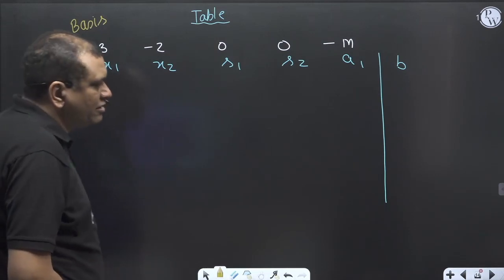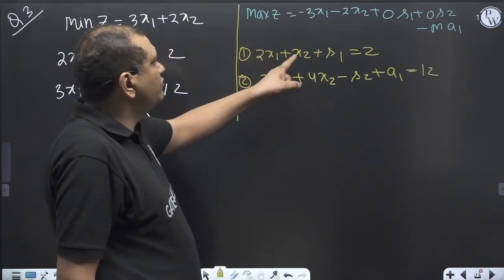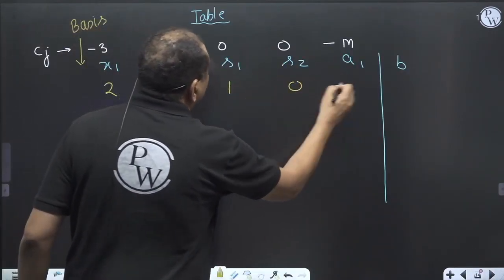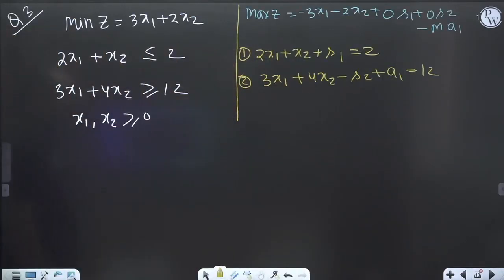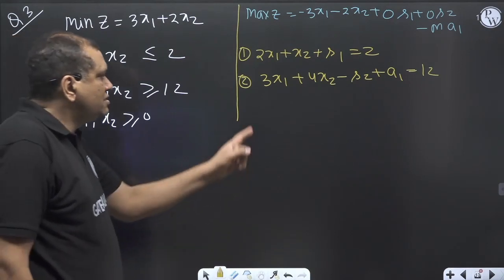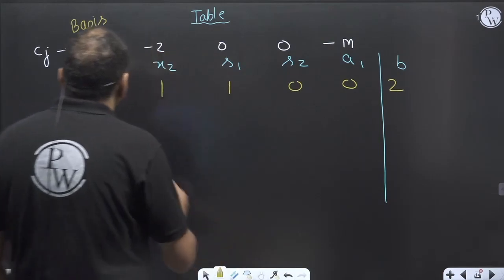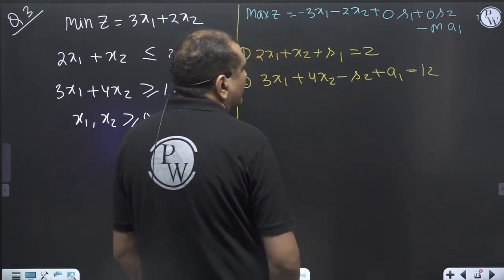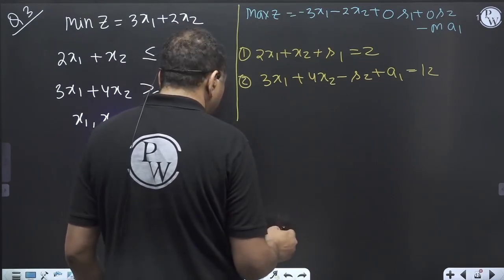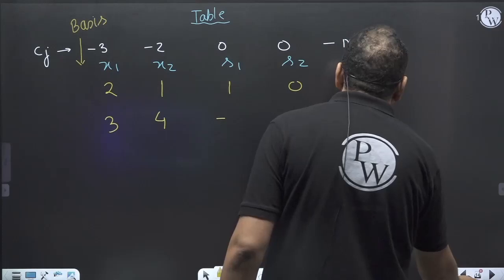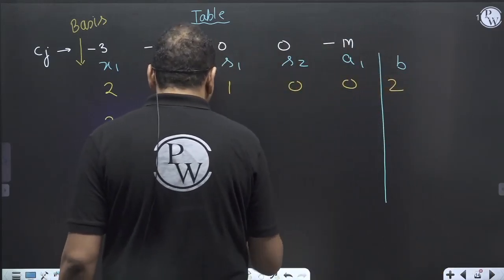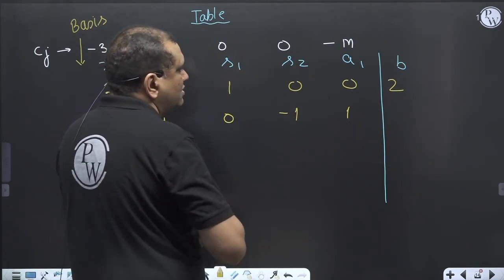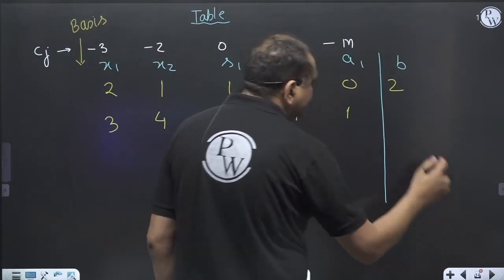First write the information about the first constraint: 2, 1, 1, 0, 0 and 2. Then the second: 3, 4, 0, -1, 1, and the right hand side is 12. Correct?